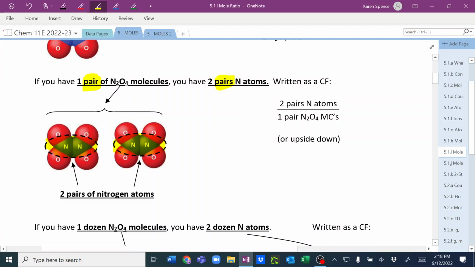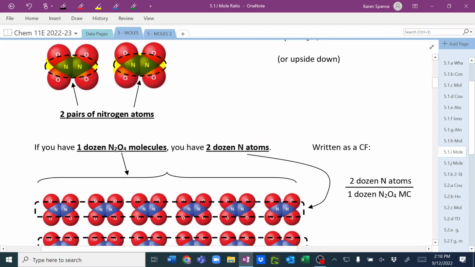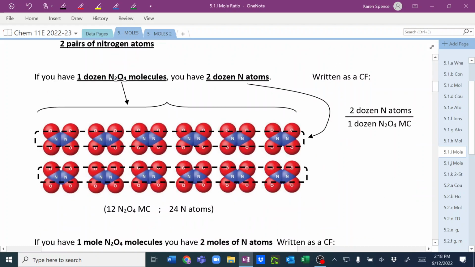So that's nice. Now if I scale it up to a dozen, I can look here and say I have 1 dozen N2O4 molecules, and then how many N atoms do I have? 1, 2, 3, 4, 5, 6, 7, 8, 9, 10, 11, 12. That's 1 dozen. And then I have 1, 2, 3, 4, 5, 6, 7, 8, 9, 10, 11, 12, 2 dozen. Yes? So I still have a 2-to-1 ratio.